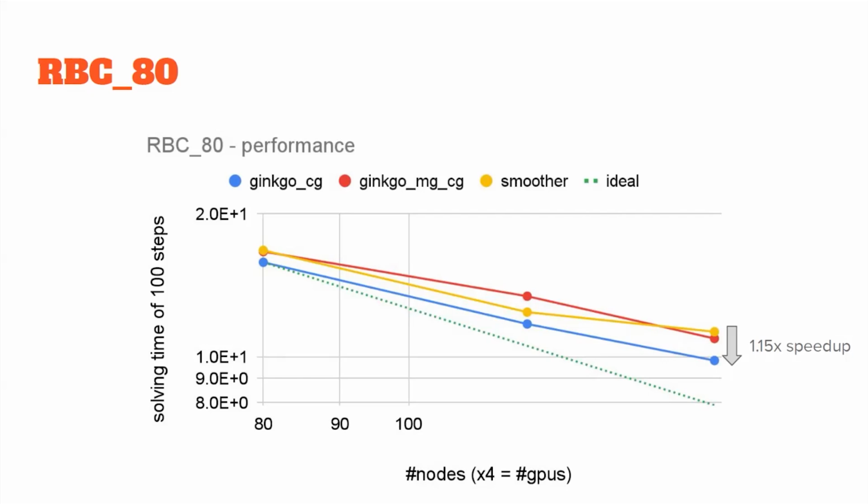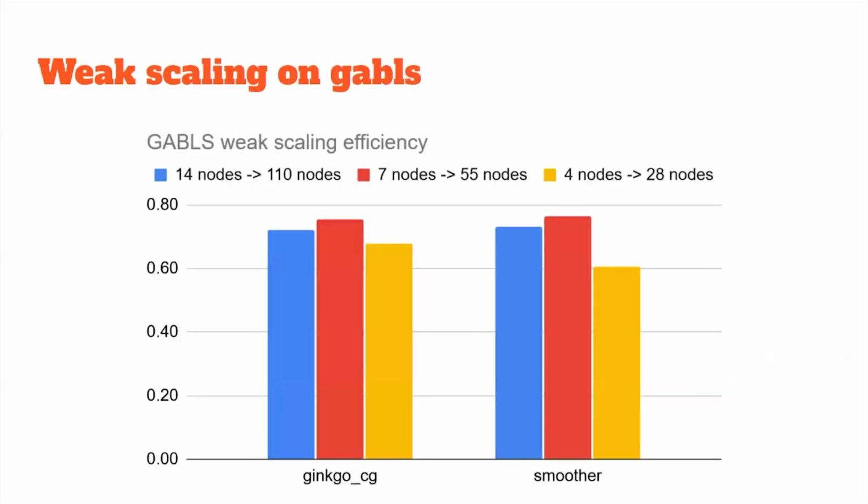We run GABLS 64 from 4, 7, and 14 nodes, and the 128 case from 15, 55, and 110 nodes, because we try to make the problem generate such that the average local size is the same on each node. That way we can have weak scaling with different setups, and we don't need to rerun the mesh again.